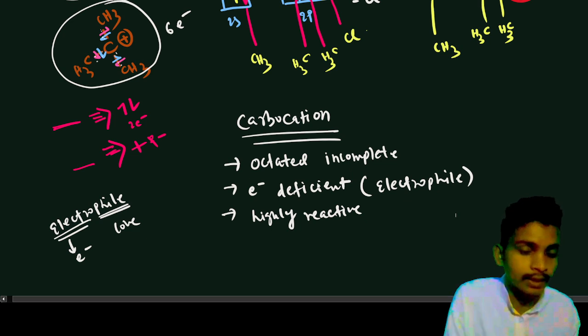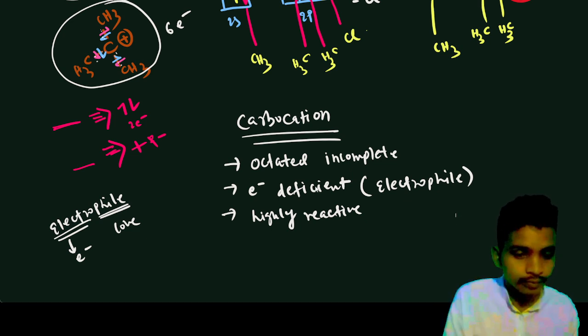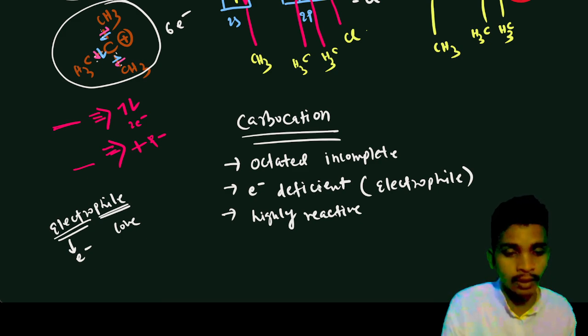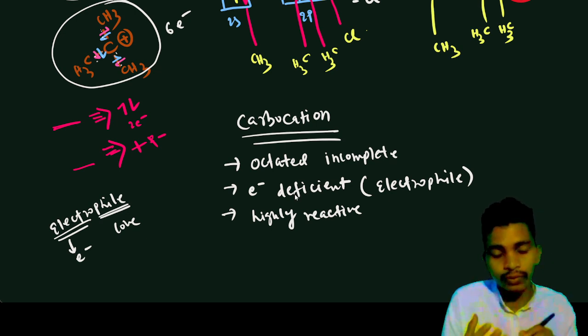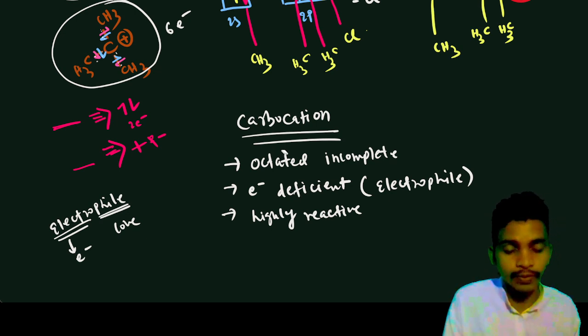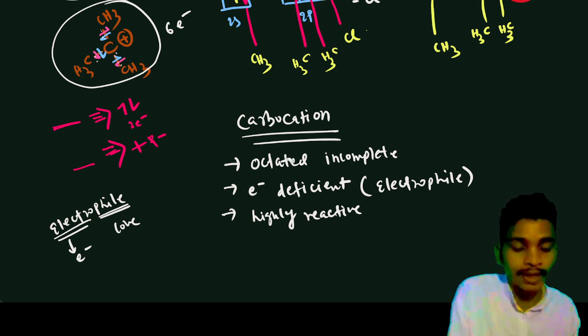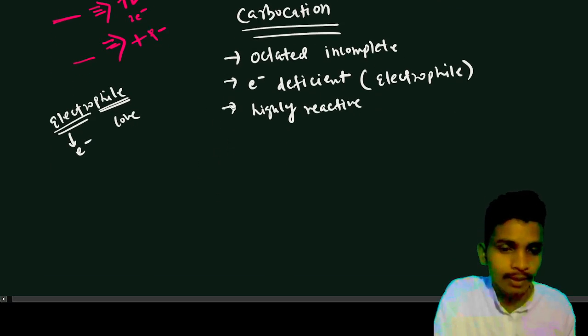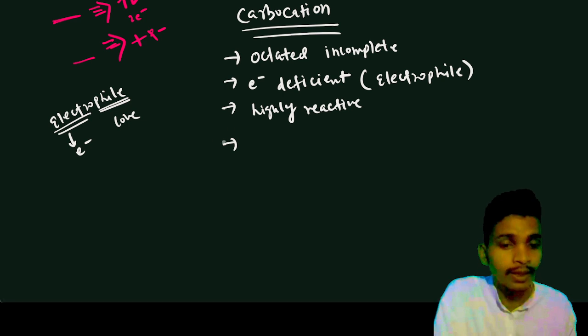When it gets the octet, it becomes unreactive, because it wants to stay in the stable form, and its stable form comes when it fills the octet. So it wants electrons, which means it has to be reactive. What we say about carbocations is that they are octet incomplete, electron deficient, and highly reactive. Another point is that it has vacant free orbitals.